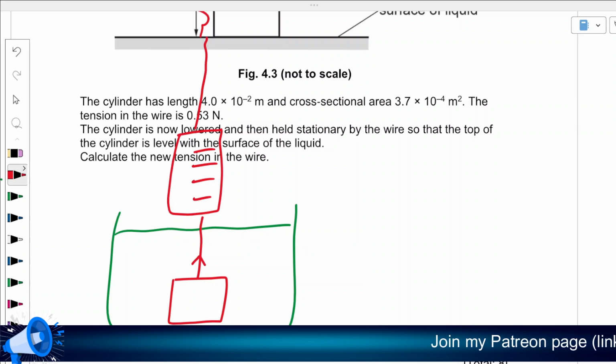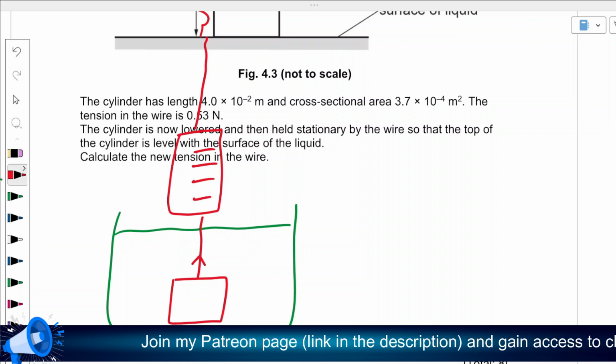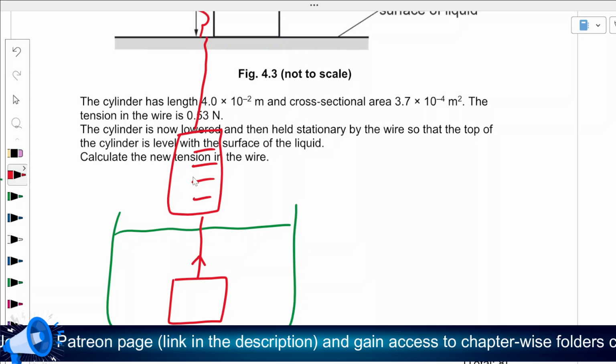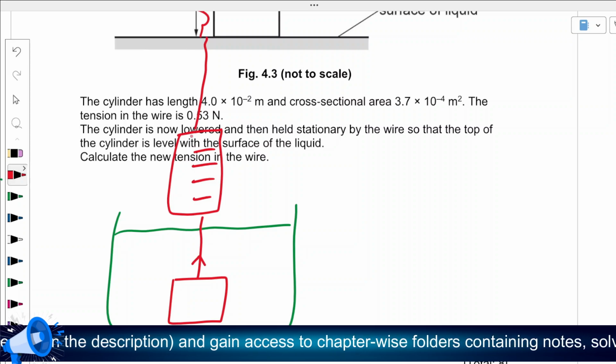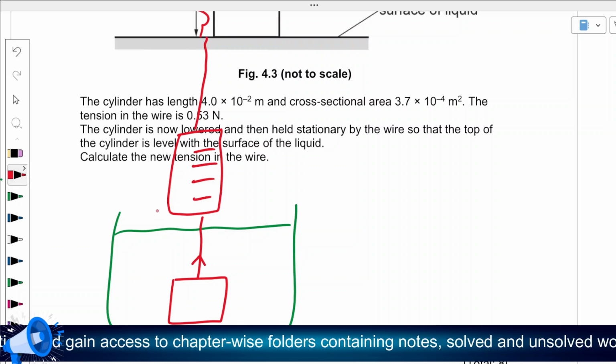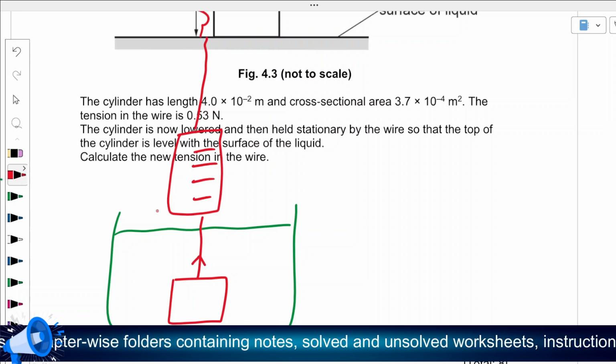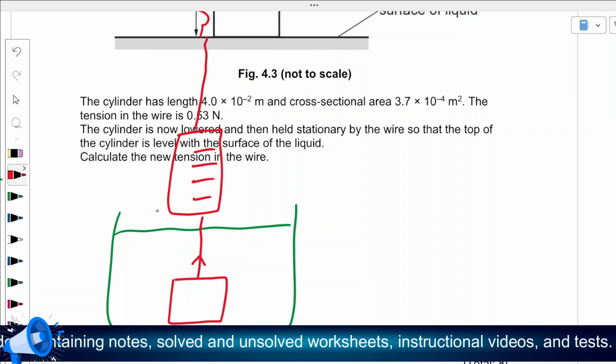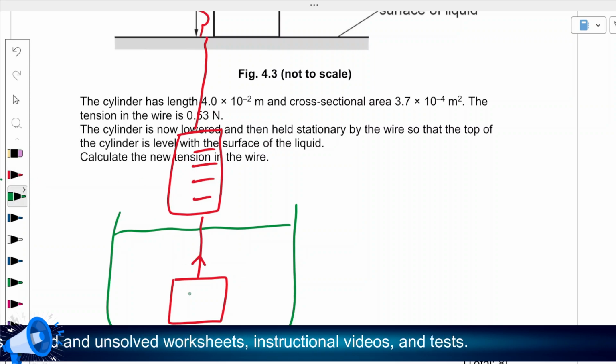The first thing is that you should realize that this value of tension should be smaller because an upward push is being provided by the upthrust. So this would also experience the upthrust force.